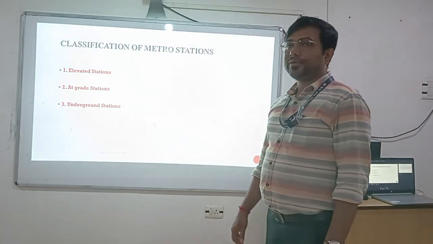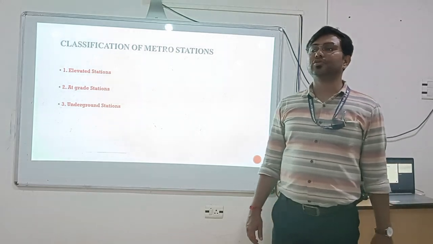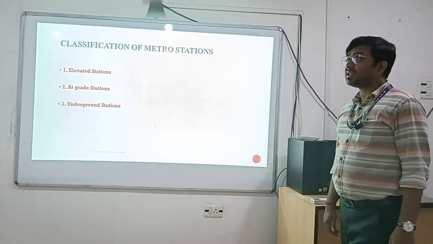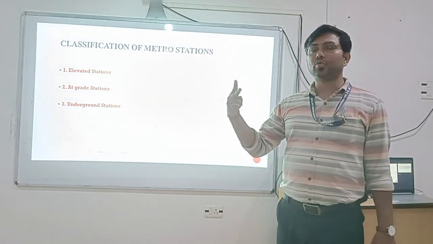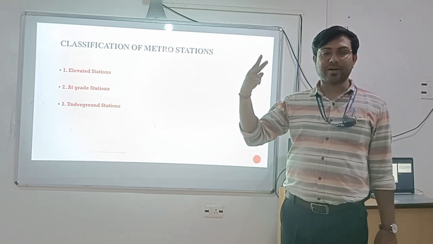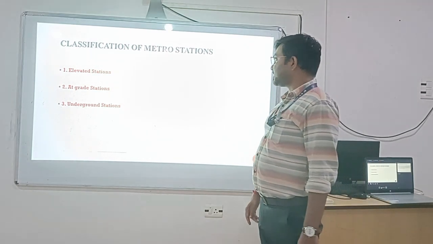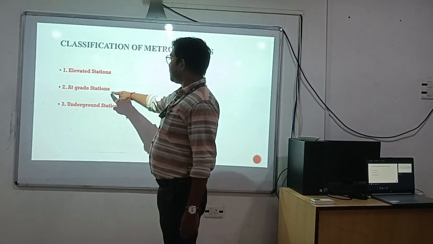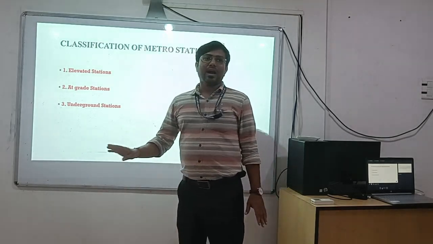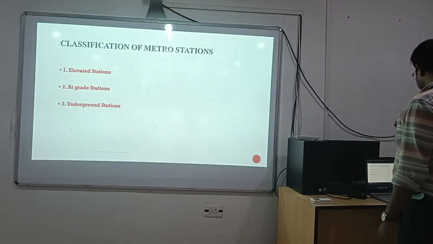Now, if you want to distinguish between the stations and the routes of the metro system, then in case of metro routes, there are two classes of system. One is the elevated, that means over the viaduct, and another is the underground, that means through the tunnel. But in case of station, there is another class of station, that is the at-grade station. I'll be discussing these three kinds of metro stations.